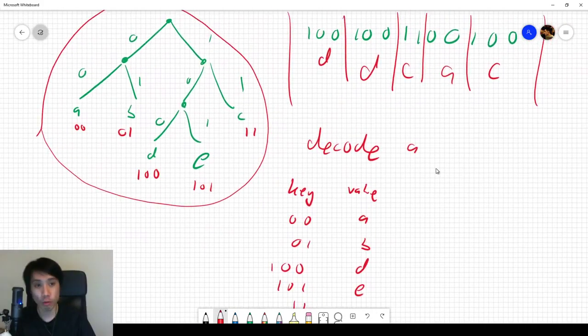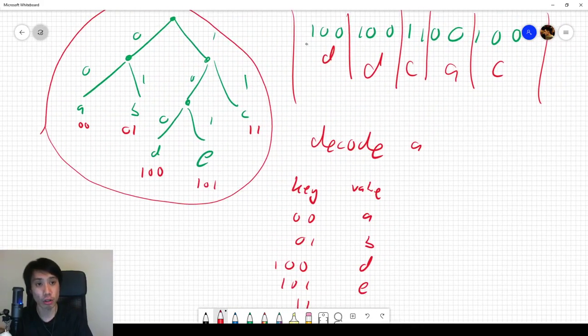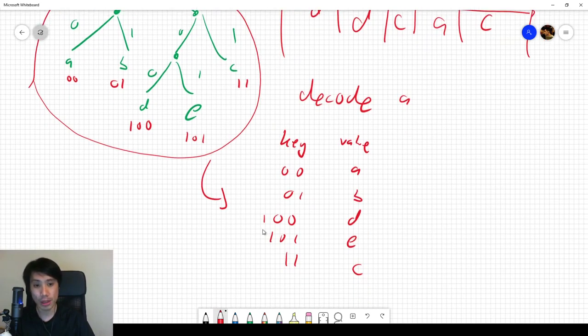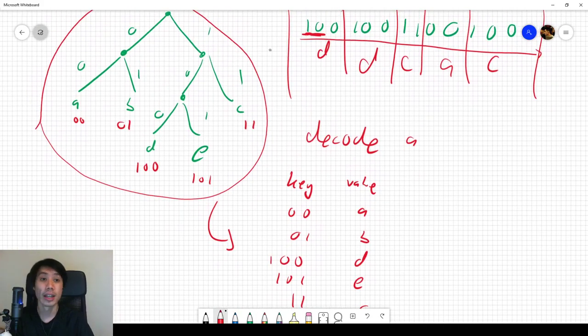And the problem with the online one is, as I go through my bits one by one, 1, I need to search in my hash table. In other words, I need to hash 1 and see if it exists. If it doesn't exist, I need to concatenate another bit and search again: 1 0. Is 1 0 in my hash table? It's not inside.